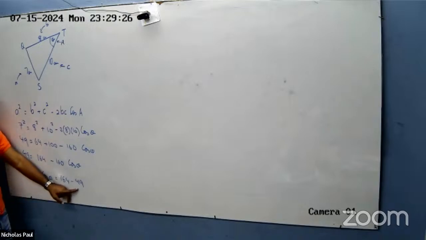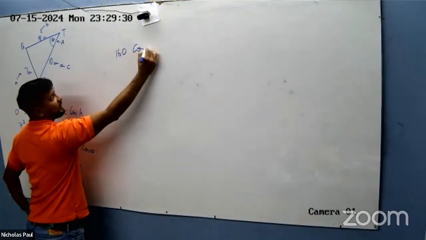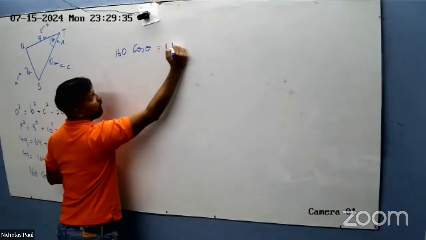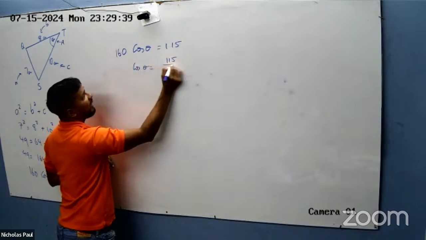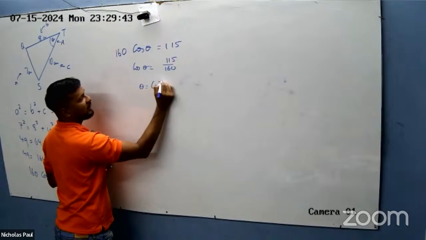Yeah, 115. So 160 cosine theta is equal to this, which is 115. So cosine theta is 115 over 160. Then make theta the subject.